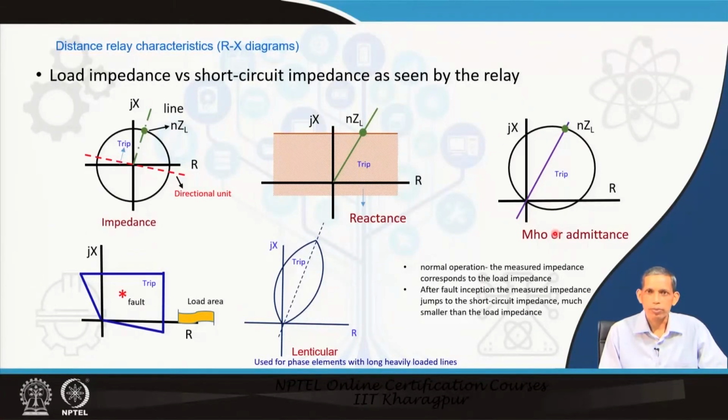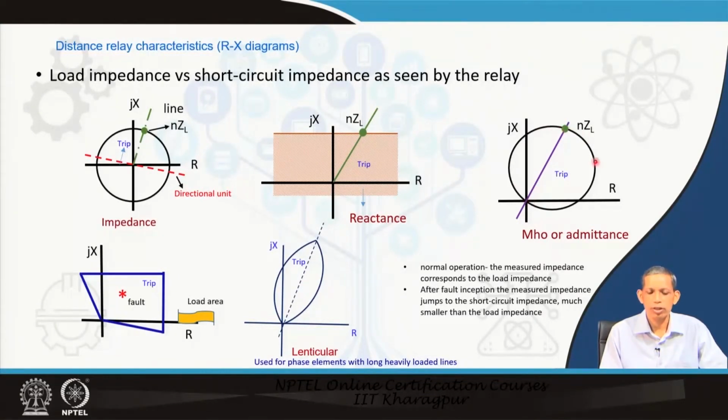Mho or admittance form, as the name suggests, is a circle going through the origin. That has numerous advantages also, and many relays use this kind of characteristic; we will see more details on this later.